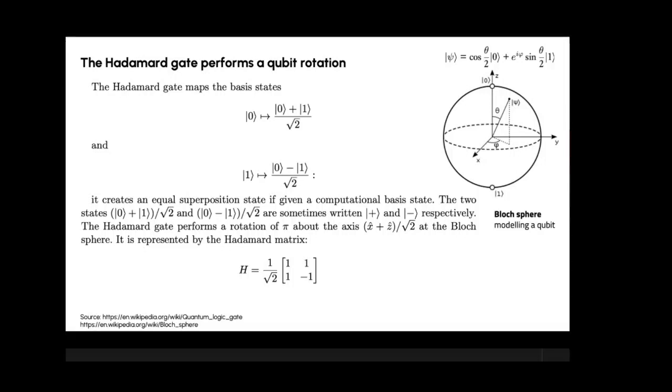Now this is qubit 0. And so what's going on now? We have to multiply the row 1 by the column 1. So that gives us 1. 1 times 1 is 1, plus 1 times 1 is 2.